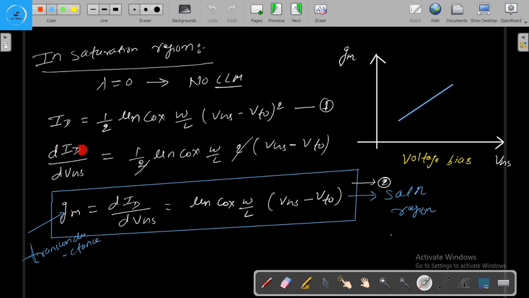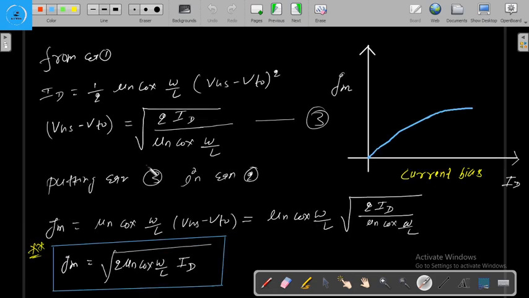Now we differentiate this drain current with respect to Vgs and get the transconductance gm = μn Cox W/L (Vgs − Vt0). The curve between gm and Vgs is known as the voltage bias.